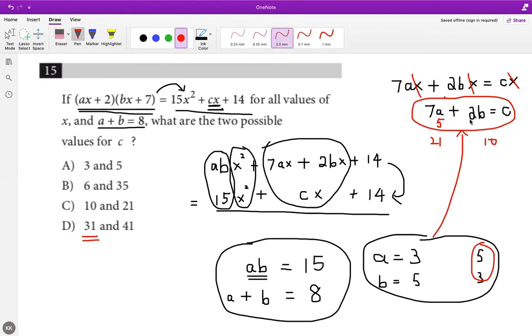What are the solutions? 7 times 5 gives us 35, plus 2 times 3. 2 times 3 is 6. So I got 35 plus 6, which gives us 41. So D is my solution for question 15.